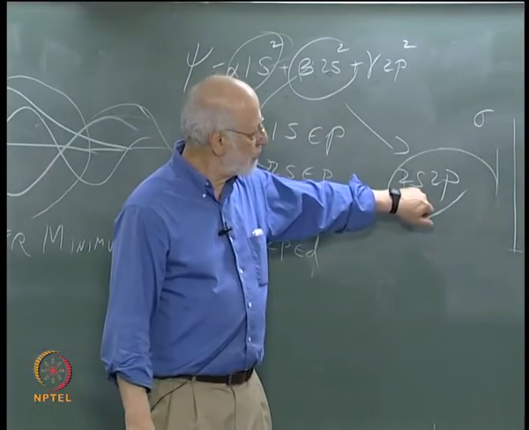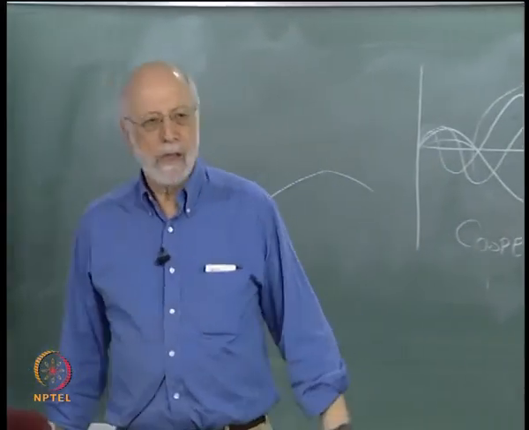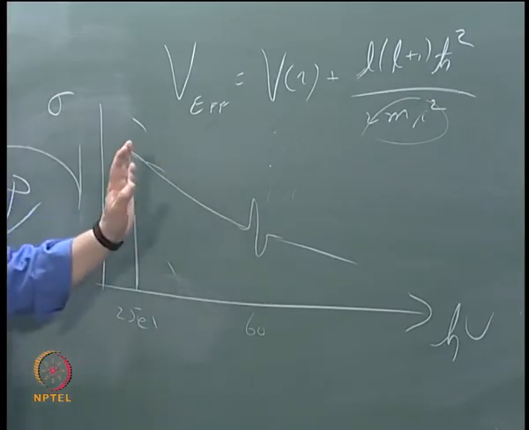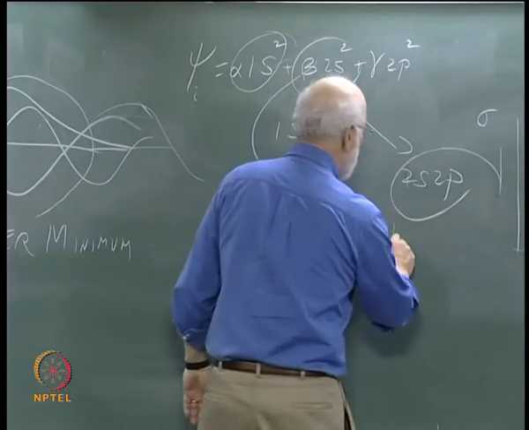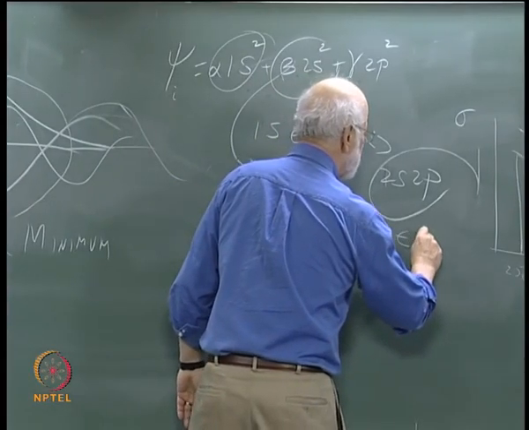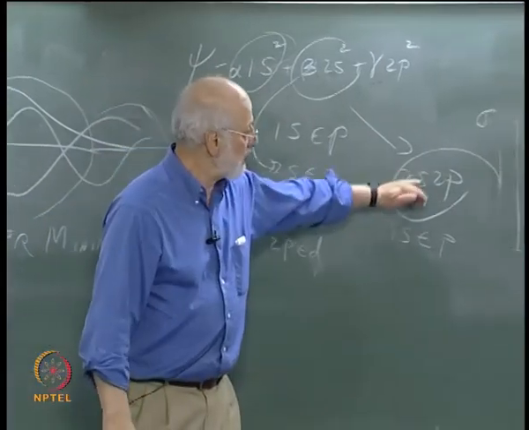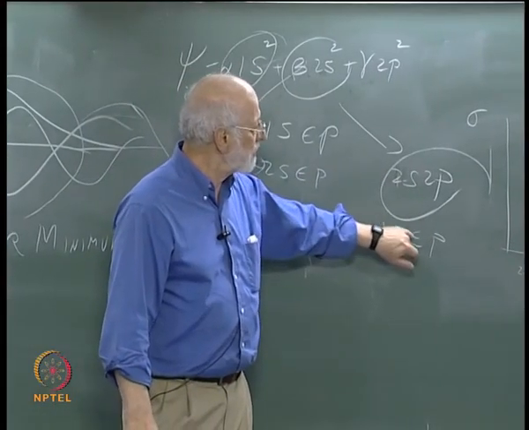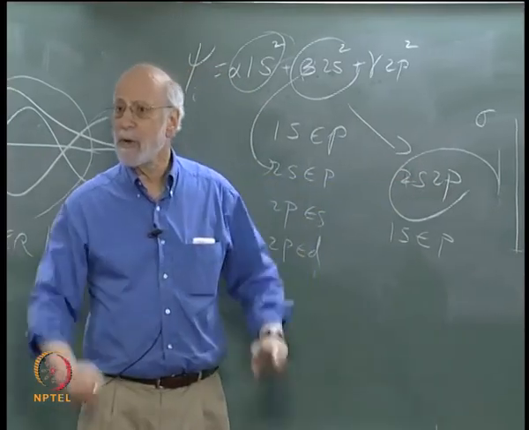And what that is, is that discrete-like state which lies well above the ionization threshold. Well, this lies well above the threshold of 1s epsilon p. So what happens is, at the same energy, you get a transition between them. The 2s goes down to the 1s, and the 2p takes the energy of that and goes out without any radiation.